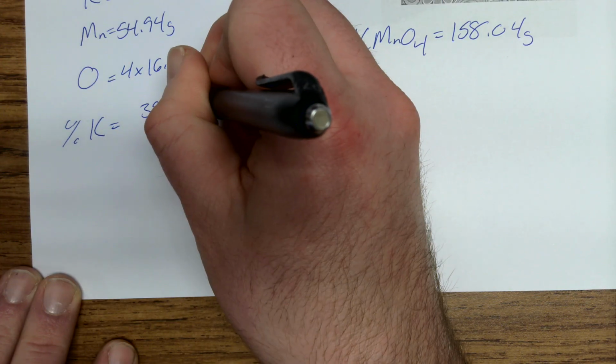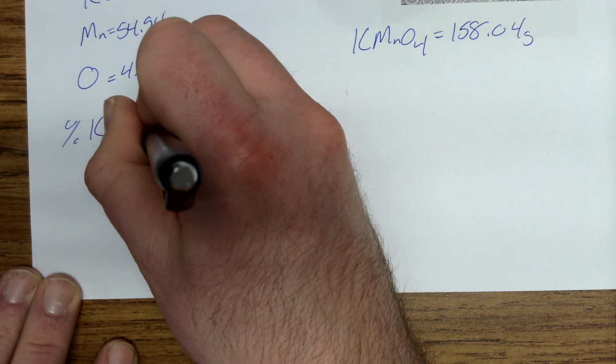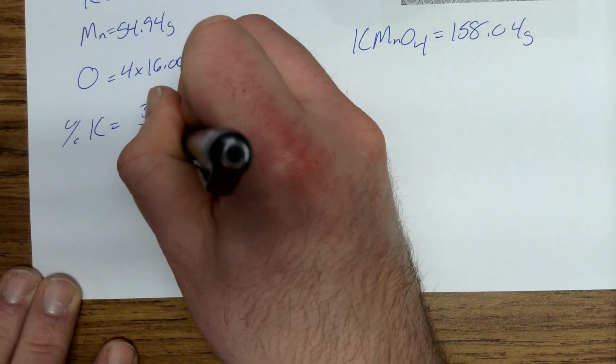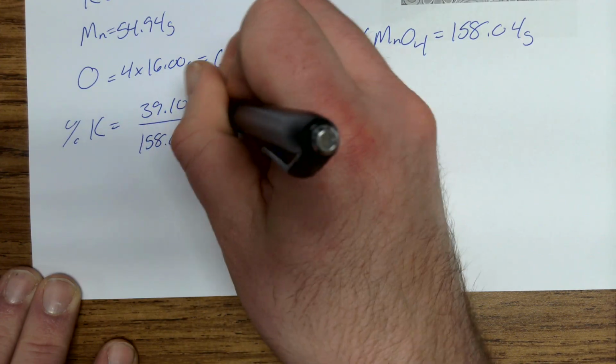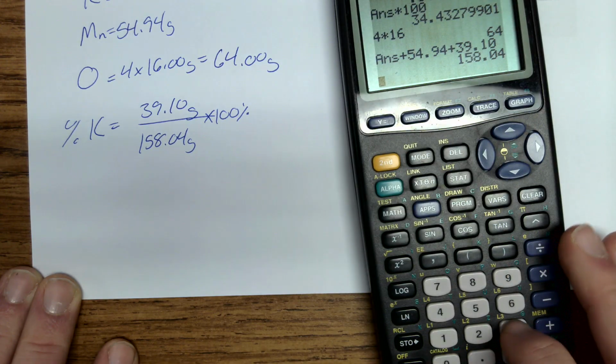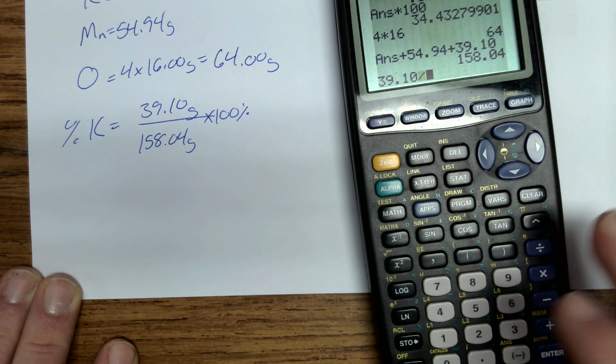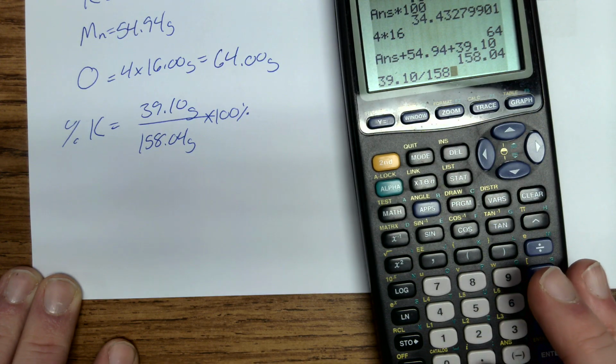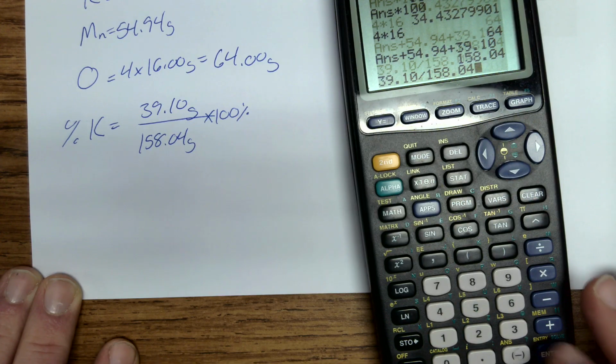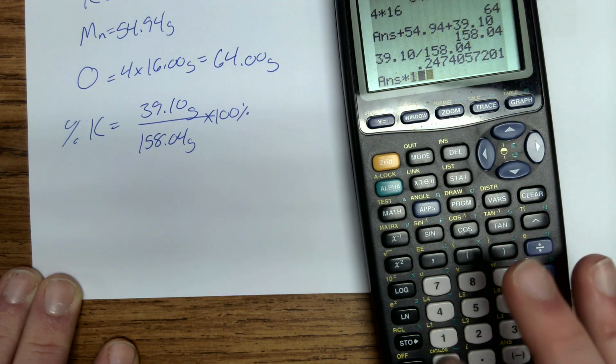39.10 grams divided by 158.04 grams. Multiply that by 100%. So 39.10 divided by 158.04 times 100.